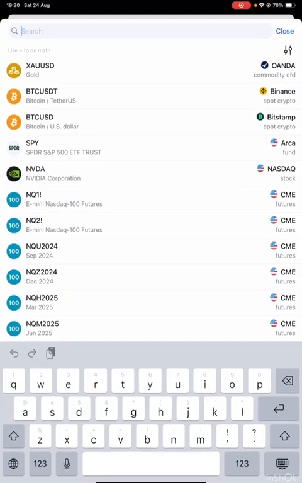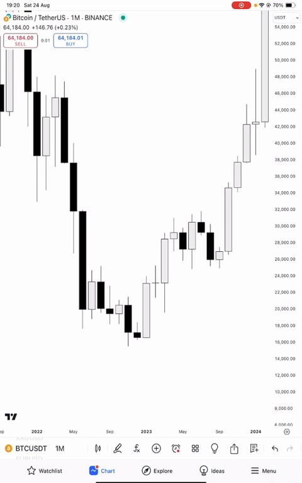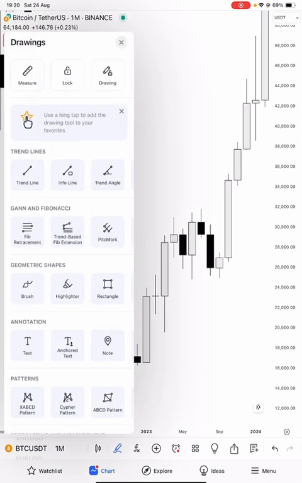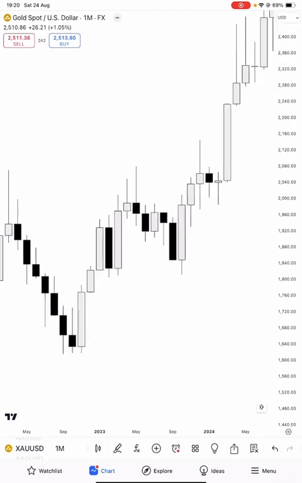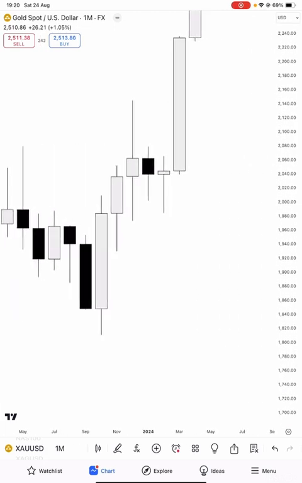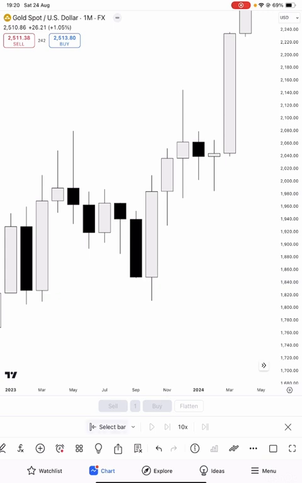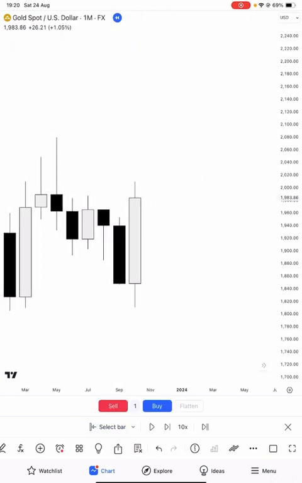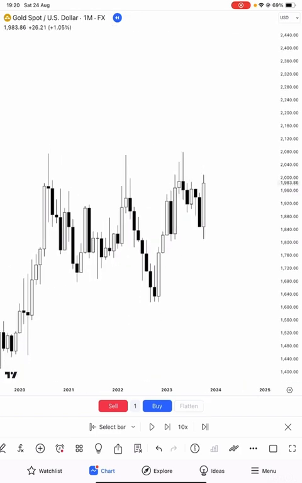If I remember correctly, there is one example on Bitcoin this month. No, on gold. Yeah, there. So I will do another monthly example.